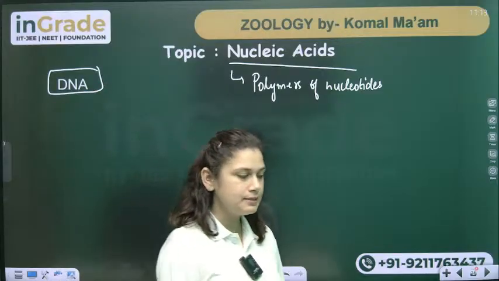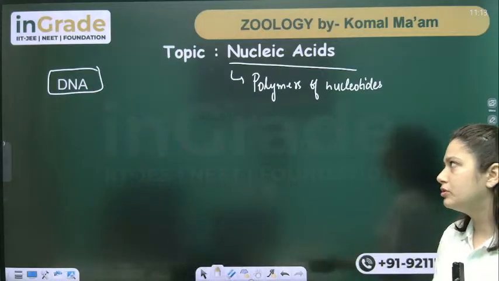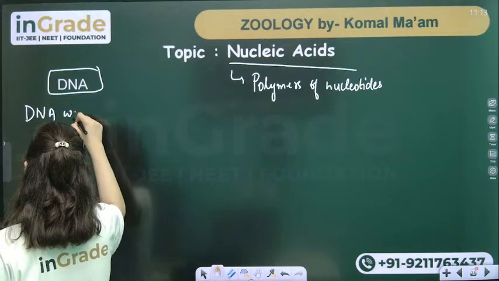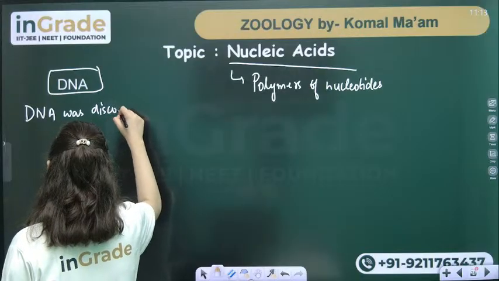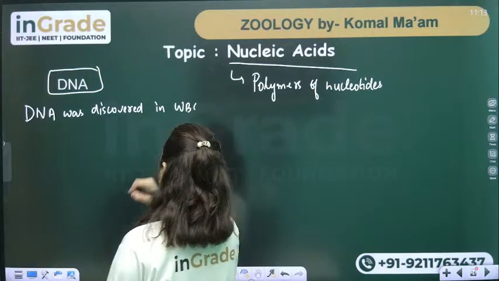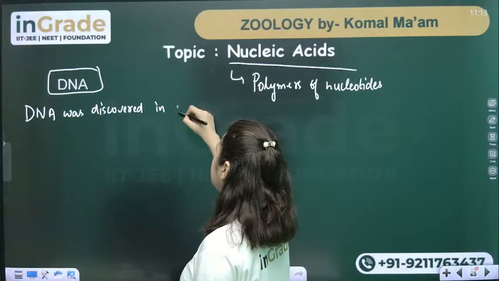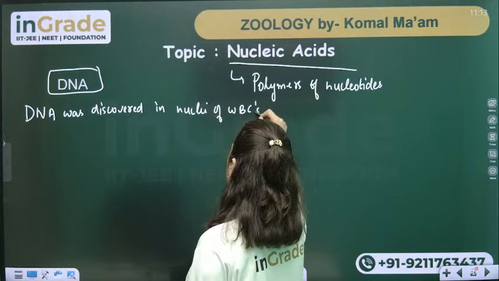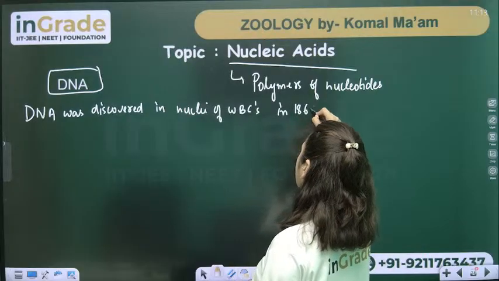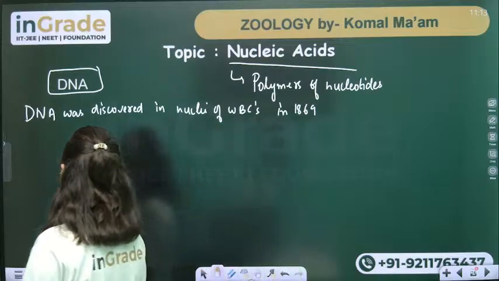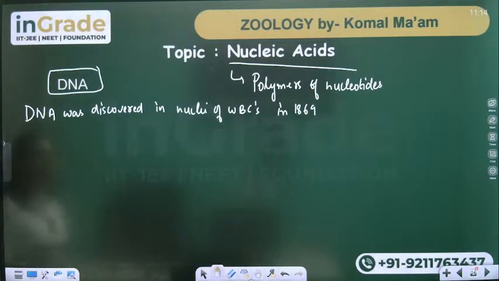DNA was discovered in the nuclei of WBCs in 1869.